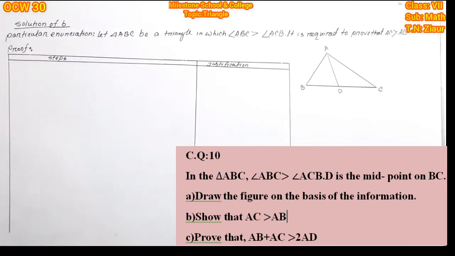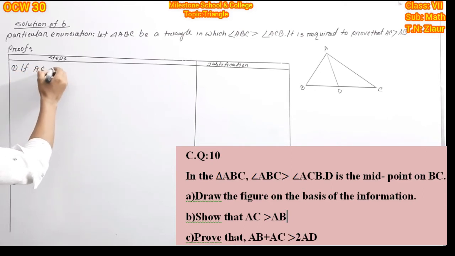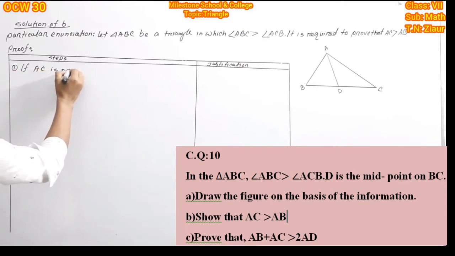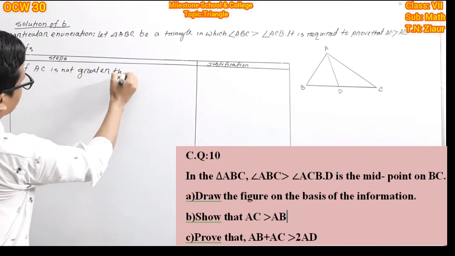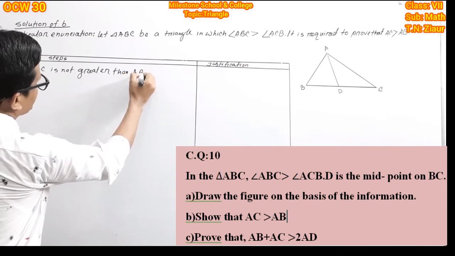Okay, now first we have to write the steps with justification. Step number 1: if AC is not greater than AB, so what will be?